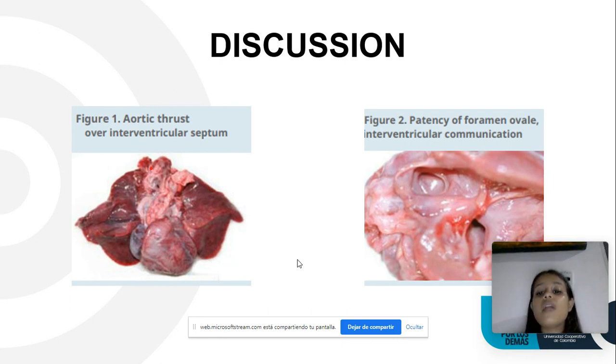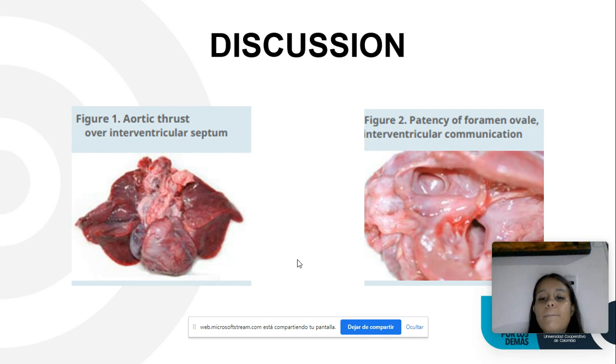The Fallot disease has an incidence of 0.1 in the thousand live births, and it's responsible for 10% of congenital heart disease. It's also the most common cause of cyanosis of cardiac origin at birth, and the etiology is unknown, but it's thought to be of multifactorial origin.